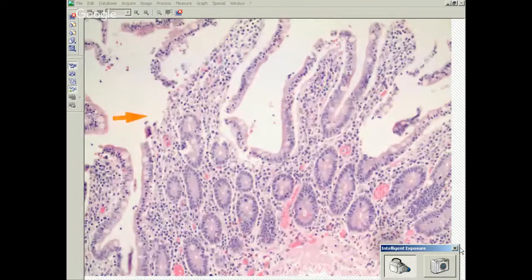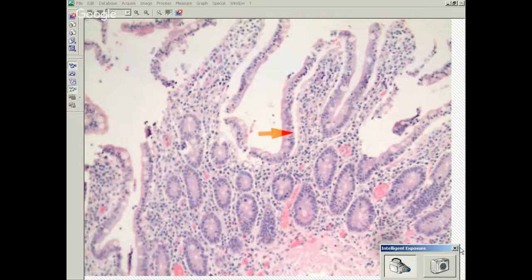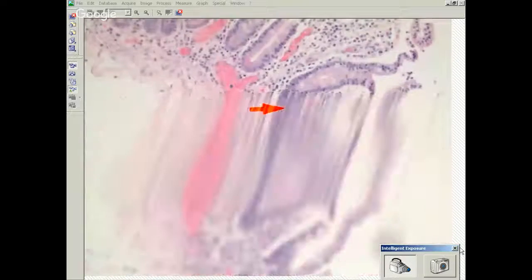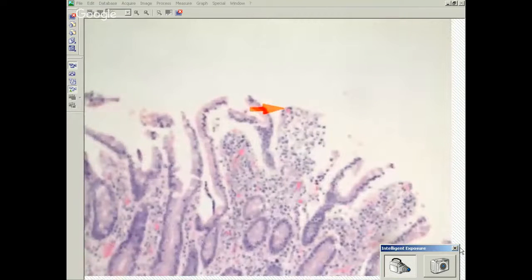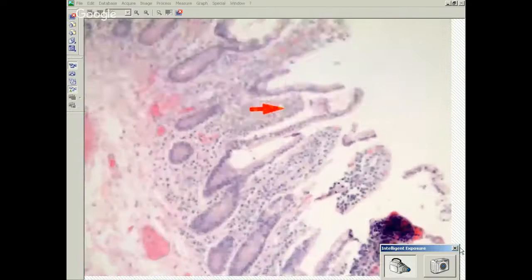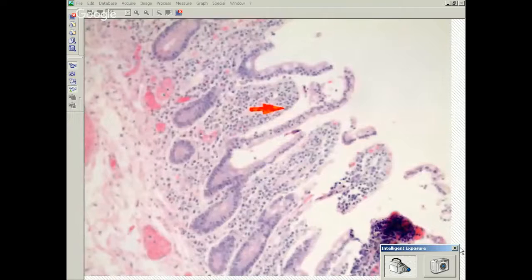What do you see? It's a little detached, yeah. It's probably not the best preserved, but how did the villi look? Did they look okay? Intraepithelial lymphocytes. Yeah, there are intraepithelial lymphocytes here. The villi are actually fairly well preserved with increased intraepithelial lymphocytes, and that gives you a hint of what this might be.